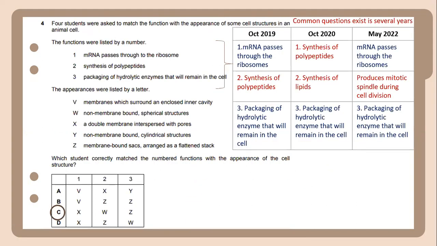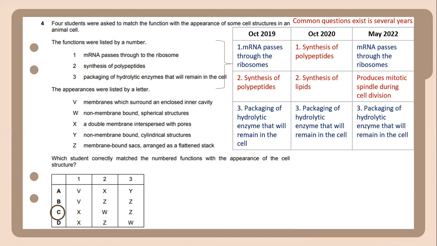Question number 4 is a common question which exists in several years. The difference between these 3 years, October 2019, October 2020, and May 2022, is the functions. For 2019, the functions are more on mRNA passes through the ribosome, synthesis of polypeptide, packaging of hydrolytic enzyme that will remain in the cells.